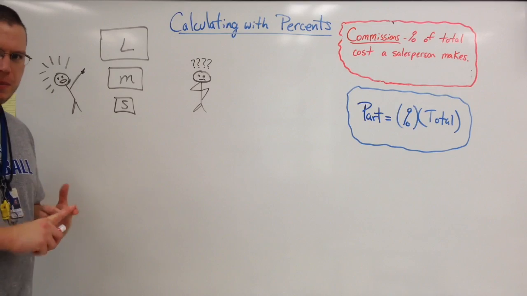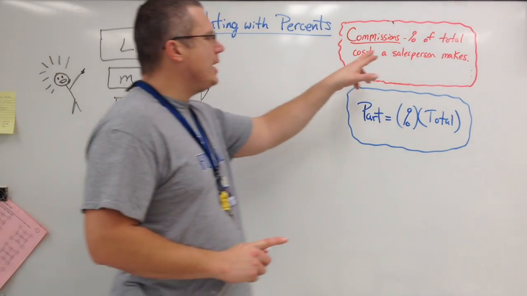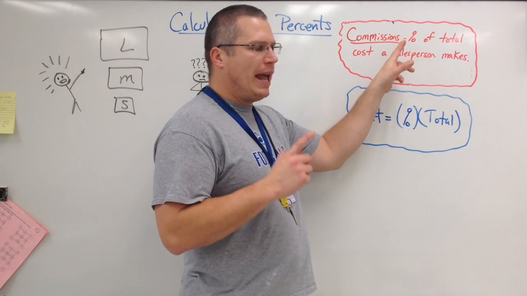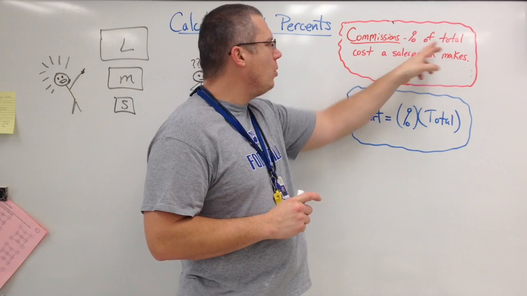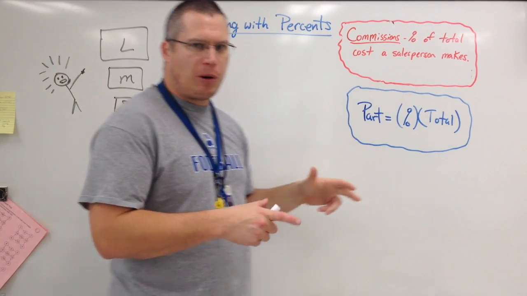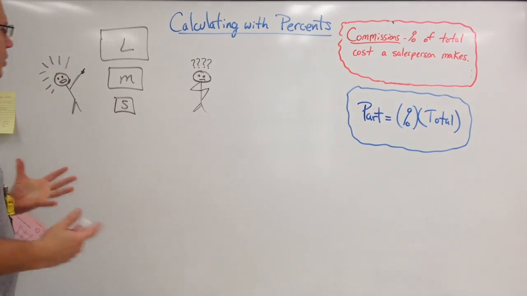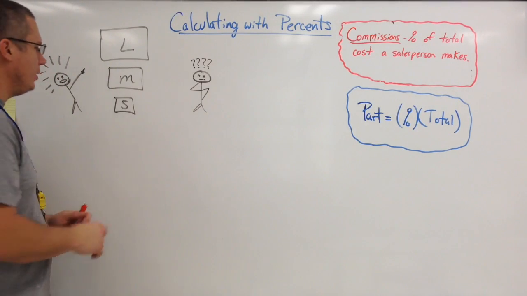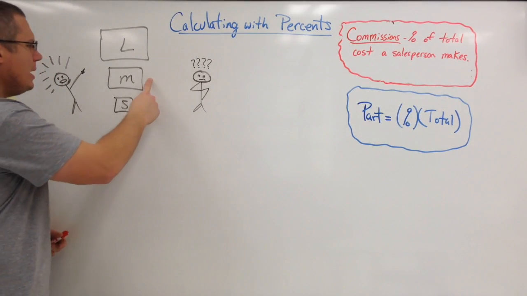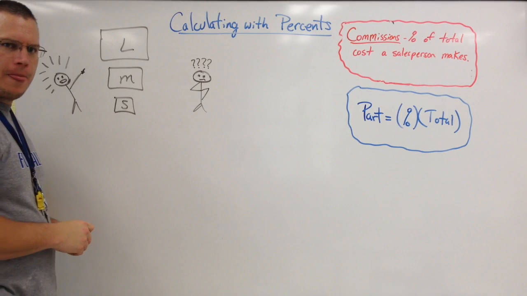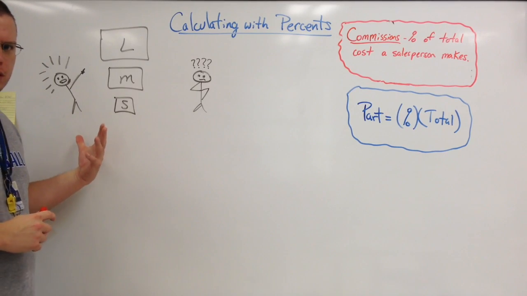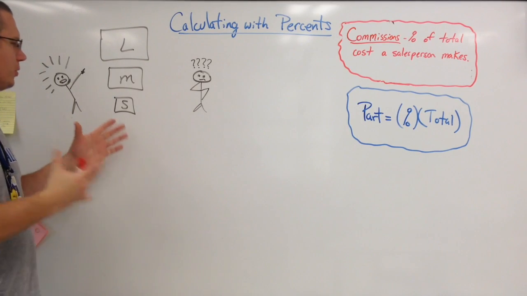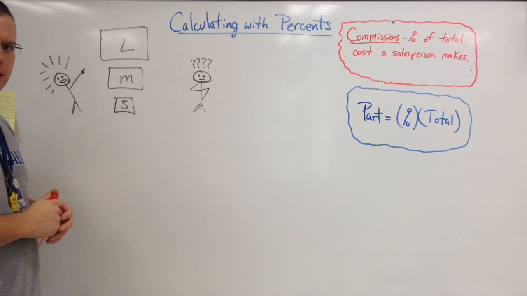The next one is commissions. Commission is a certain percentage of the total cost that a salesperson makes. So for instance, you're looking to buy one of three things. Do you want small, medium, or large? And here is the salesperson who is there to help you understand about each object.